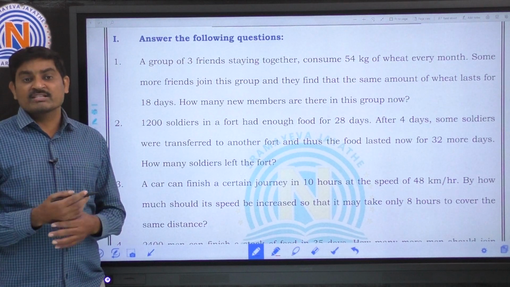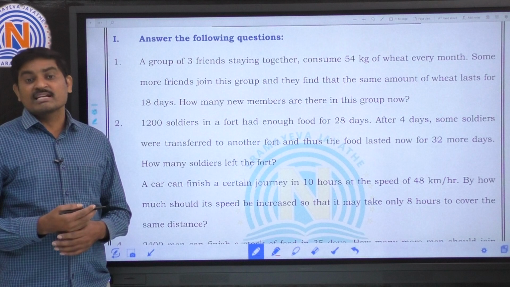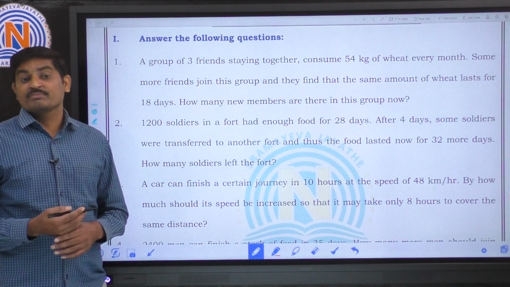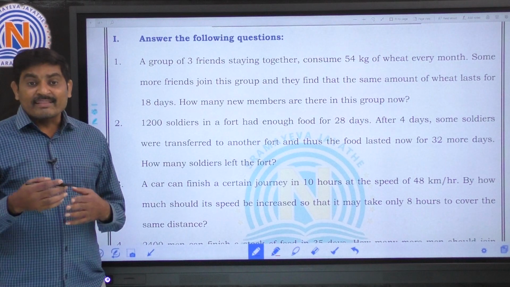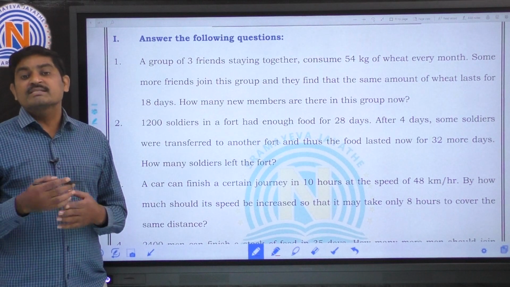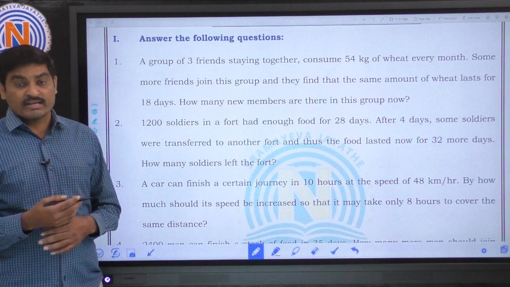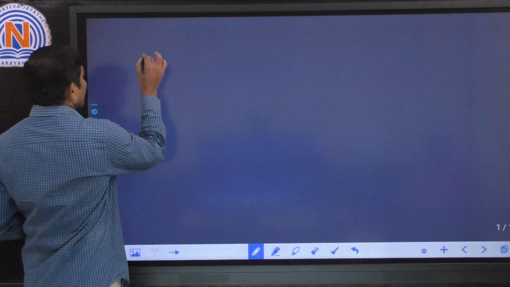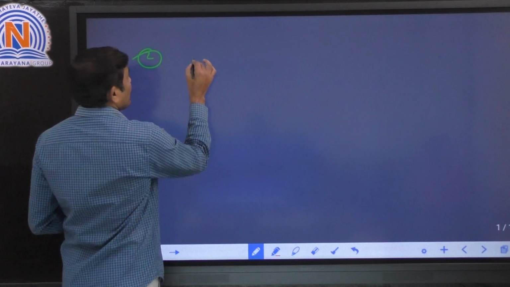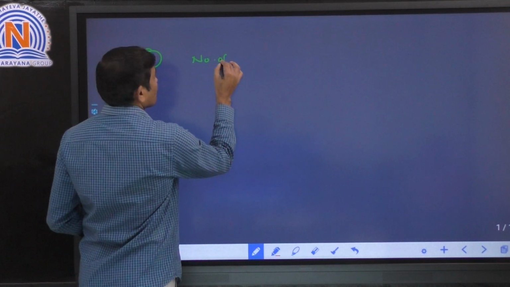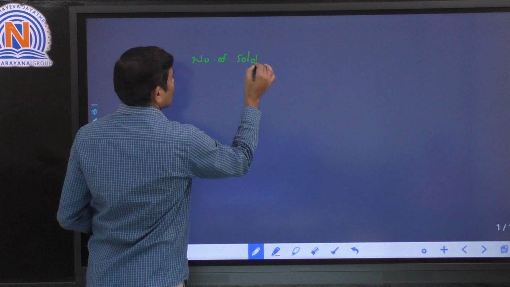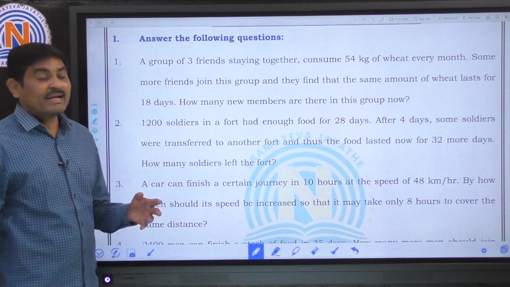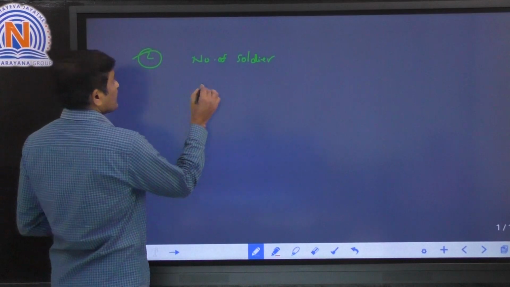So let us assume that x soldiers are transferred. The remaining soldiers must be 1200 minus x. Another fort, and thus the food lasted for 32 more days only. Coming to the number of soldiers and days.